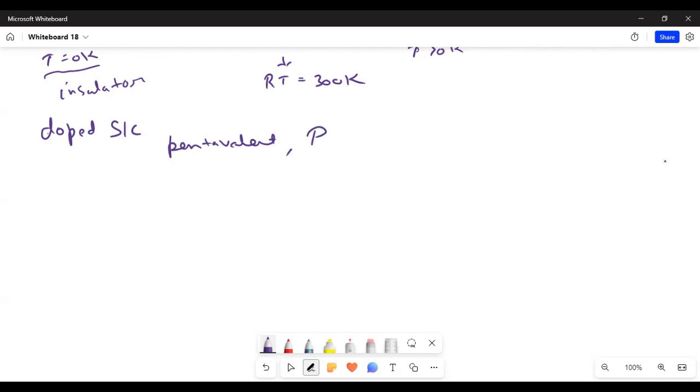Let's see what will happen. We have silicon. Again, I will draw silicon. This time I have phosphorus in between, and phosphorus has 5 electrons.